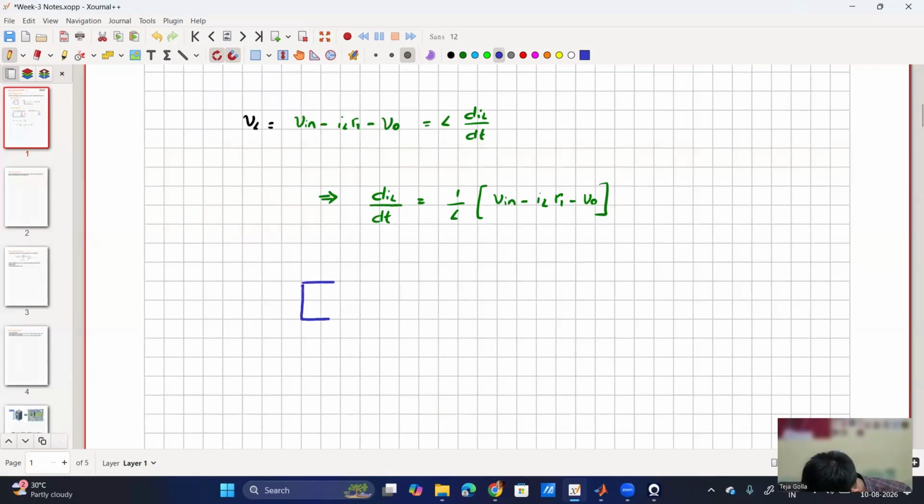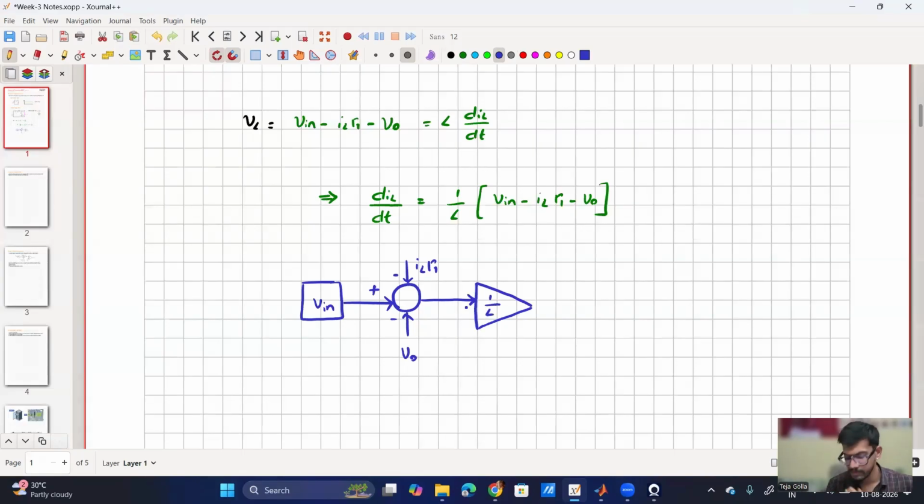Vin is a constant, so I will use Vin as a constant, followed by a summer. Vin is getting added, then IL into R1 is getting subtracted, then V0 is also getting subtracted. Now this will result in some value that I have to multiply by a gain of 1 by L. So far, is it clear?